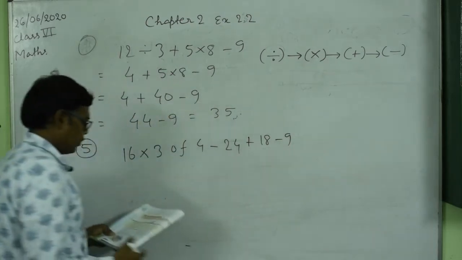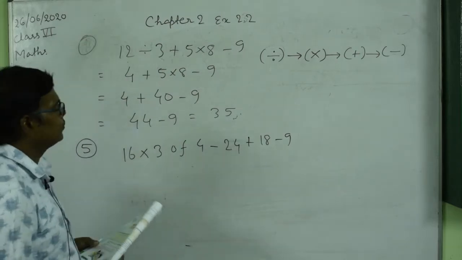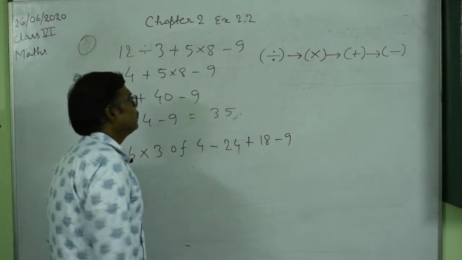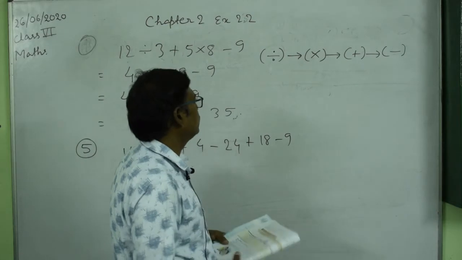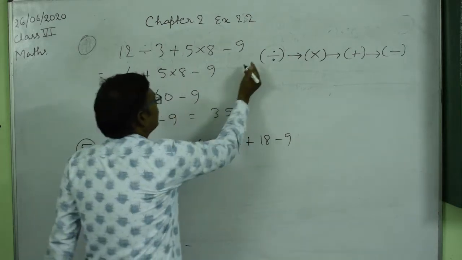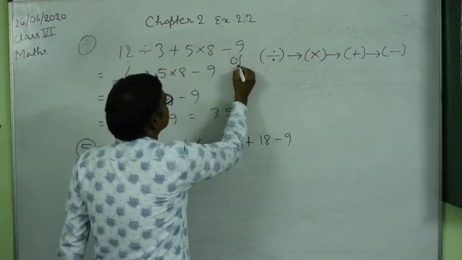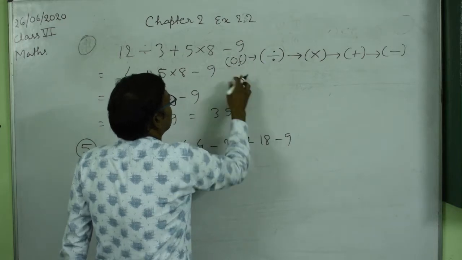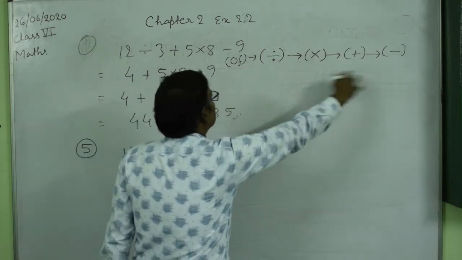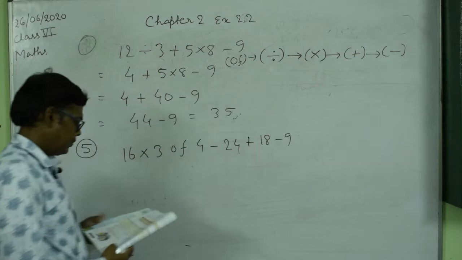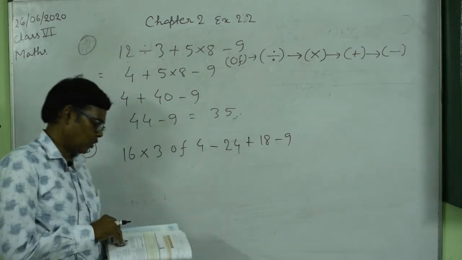Here you also have one more operation, that is of. If you have an of operation, then first you will do the of operation, then division, then multiplication, and so on. So you have to add this also.